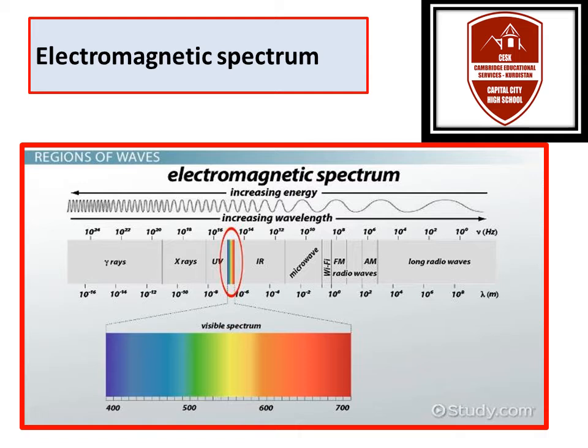You can see 7 colors of the rainbow in this spectrum: red, orange, yellow, green, blue, indigo, violet. So here we can see only this spectrum. That's why it's called the visible spectrum.